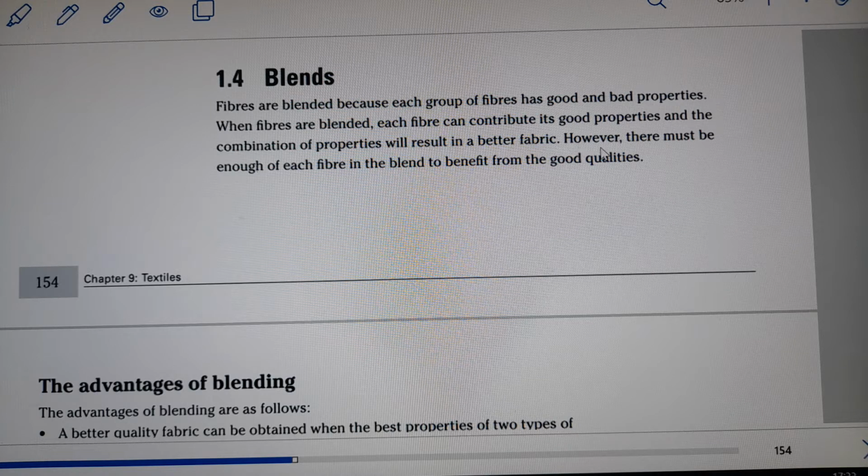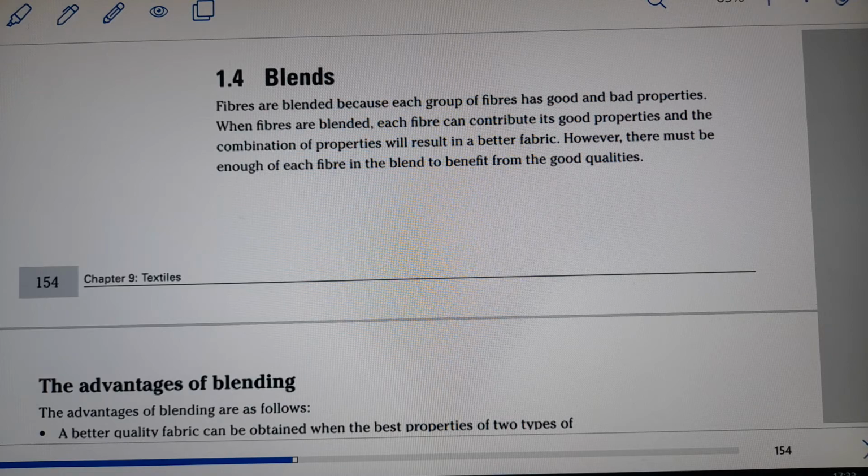However, there must be enough of each fiber in the blend to benefit from their good qualities. So the reason for blending fibers is that we get the good properties from each of the fibers used, to benefit from the good qualities.